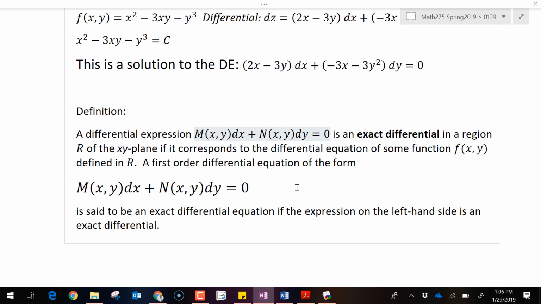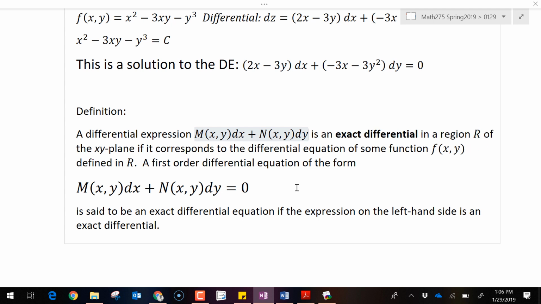So a first order differential equation M times dx plus N times dy equals 0 is said to be exact if the expression on the left-hand side is an exact differential. Oh, I guess this is an exact differential. Sorry. I was right.